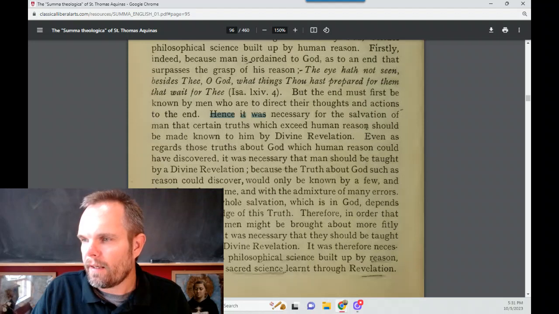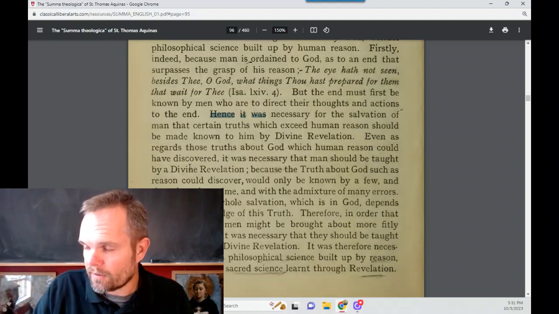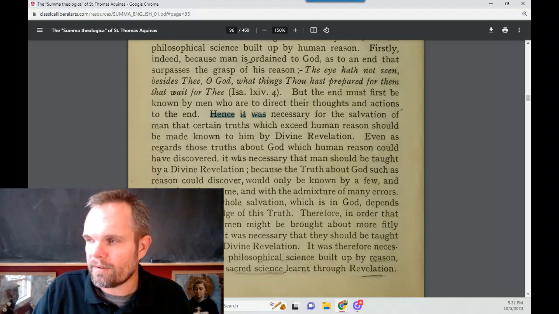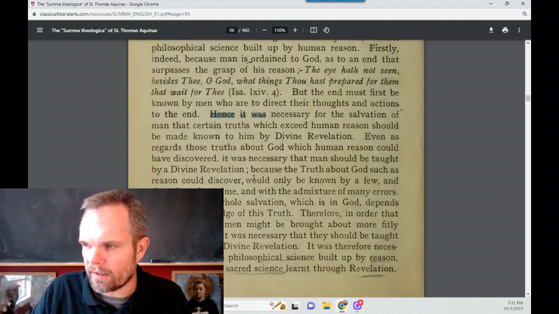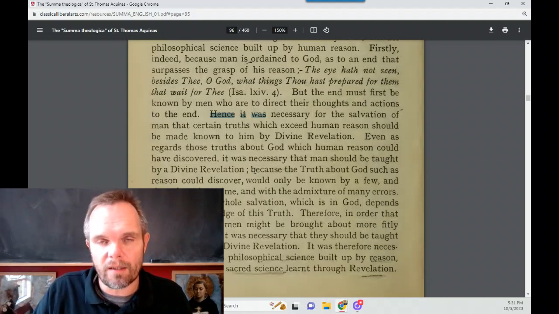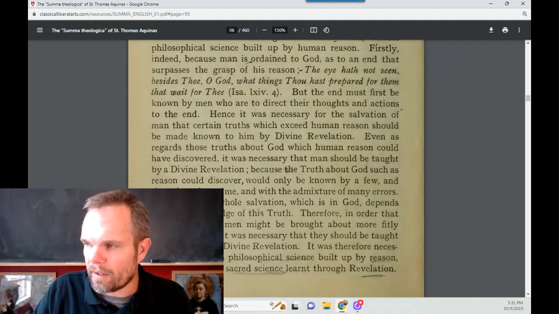"Even as regards those truths about God which human reason could have discovered, it was necessary that man should be taught by a divine revelation because the truth about God, such as reason could discover, would only be known by a few, and that after a long time and with the admixture of many errors."